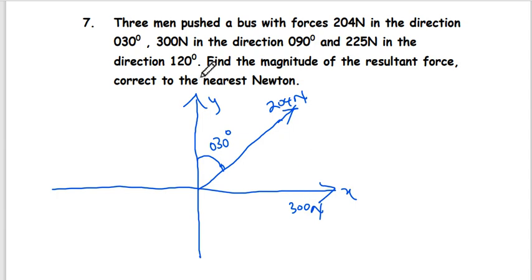Now for the third one, 225 newtons in the direction of 120. The whole of this angle is 90, so 120 should be somewhere here, because when you add 30 to 90, it becomes 120. So this is 30 degrees, and this is 225 newtons.